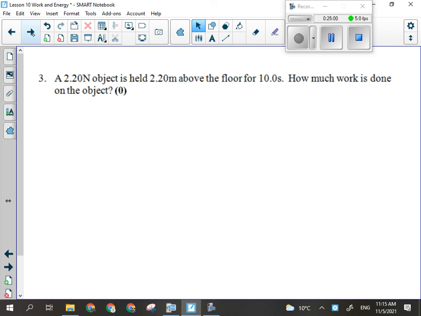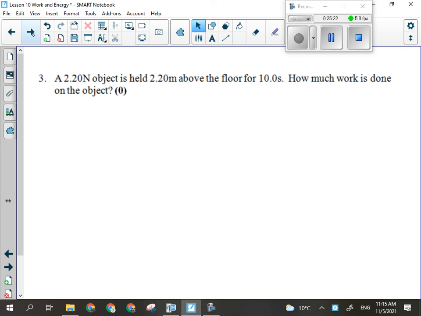None. Why? It's not moving, so I'm not changing its energy. It's not going higher or lower, its potential energy is remaining the same, it's not moving, so it's got no kinetic energy. There's no change in energy if I hold something still.